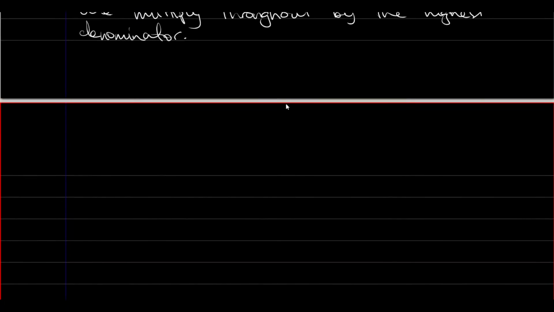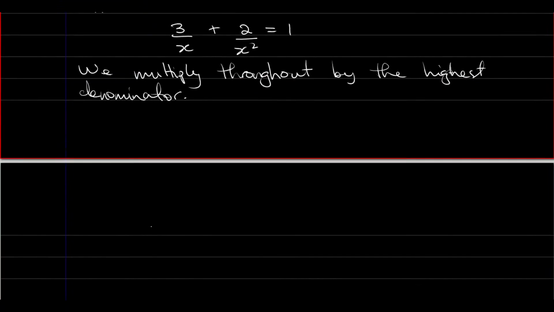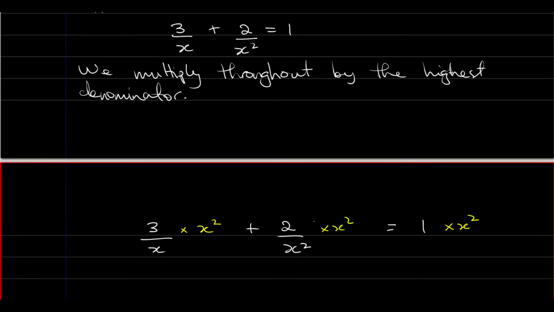Right? So we do the highest denominator, and with that we'll have something like 3 over x times x squared, and then 2 over x squared times x squared, and plus 1, right? This here would cancel off, leaving 1 power here.